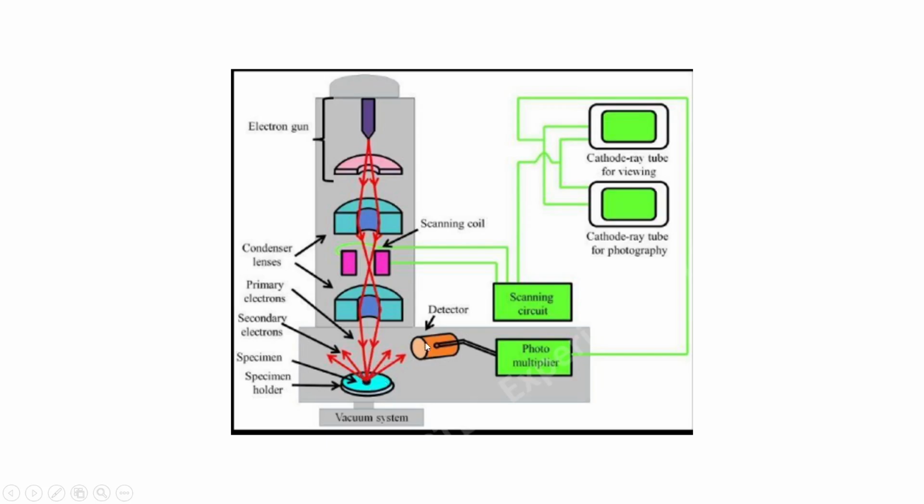Secondary electrons will go in every direction, and the detector will capture these secondary electrons and then transfer them. It is the electronics part where the image is captured by converting the electron density. So that's how we get an image.